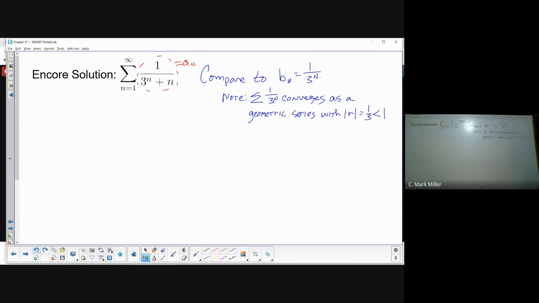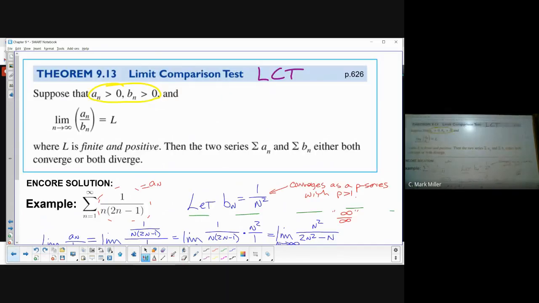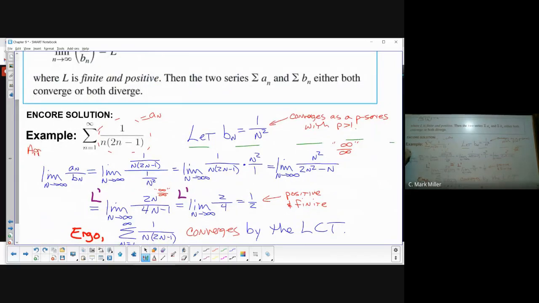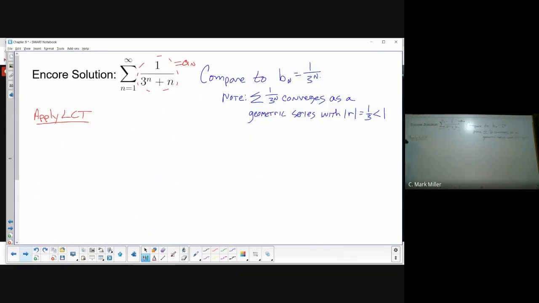Okay, so now we're going to do the limit comparison test. So over here, apply. Actually, let me do something else. Apply. And I'm going to put that same thing over here. Down here, multiply. So how does that work?